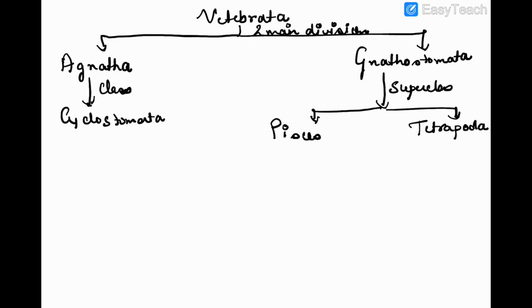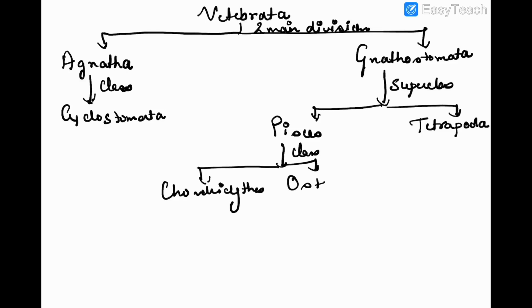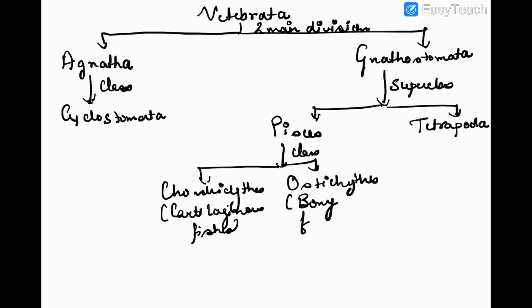The superclass Pisces includes class Chondrichthyes and Osteichthyes. Chondrichthyes include cartilaginous fishes and Osteichthyes include bony fishes.